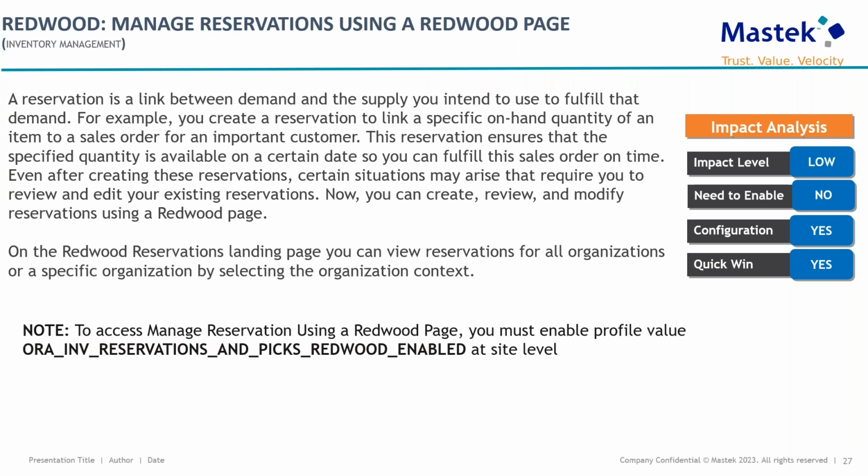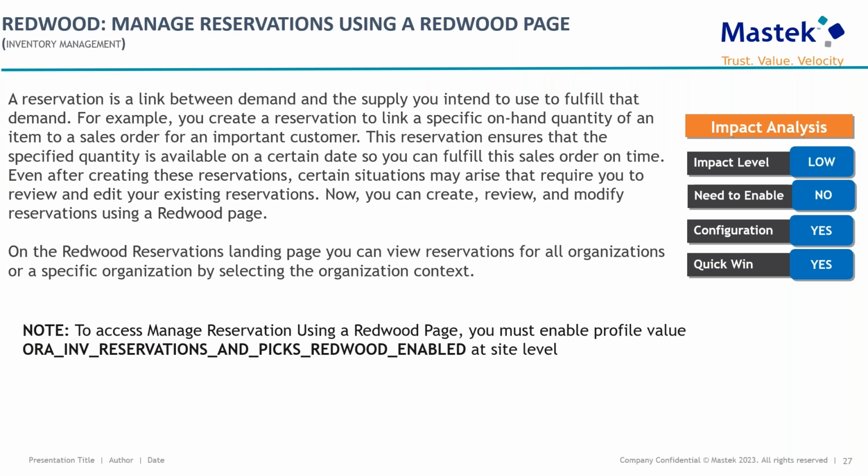A reservation actually connects available inventory supplies to a specific demand, like a sales order. For example, you can reserve items for an important customer to make sure that they are available when needed. Now, with the new Redwood reservation page, you can create, view, and edit reservations easily.